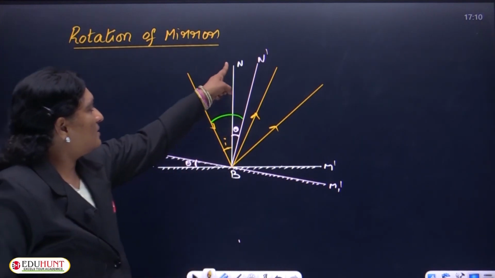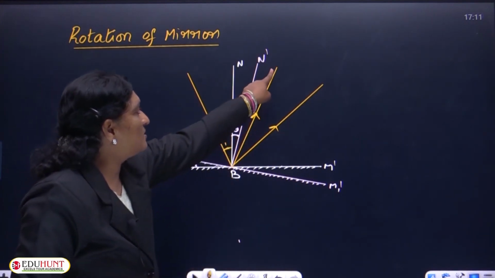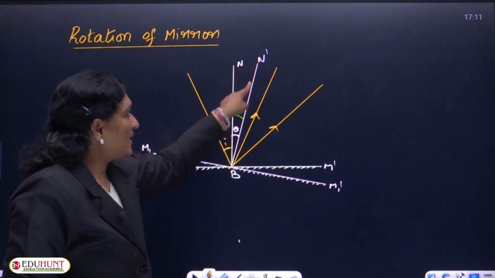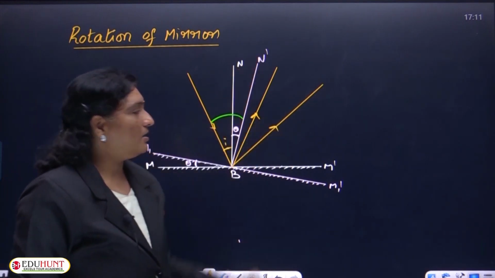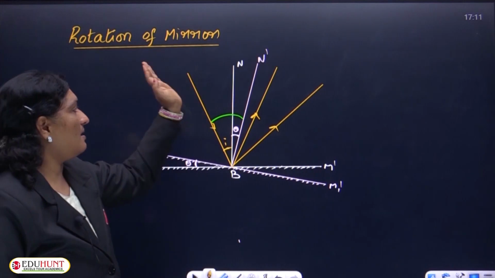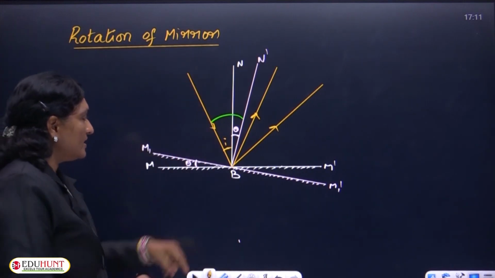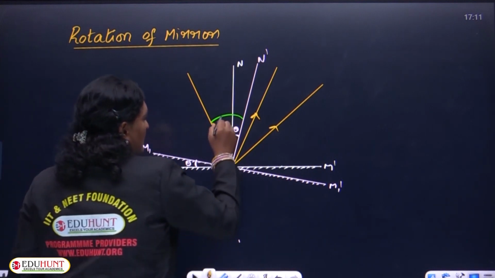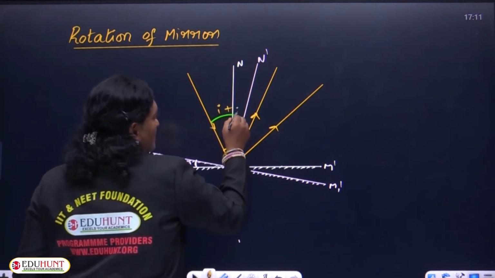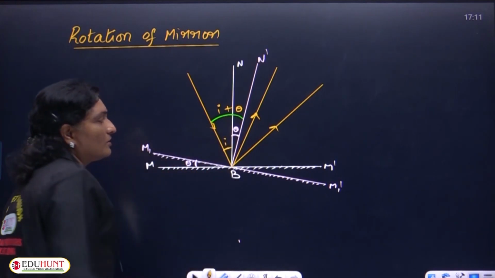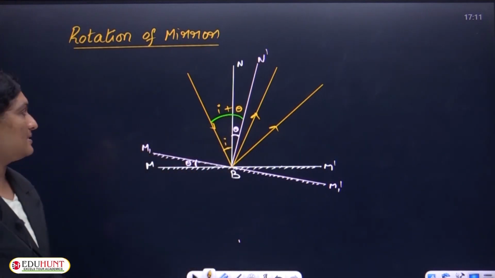With respect to the previous normal, this is the reflected ray. But with respect to the new normal, this indicates the reflected ray, with the incident ray being fixed. The original angle is i and the rotated part is theta, so the complete angle will be i plus theta.